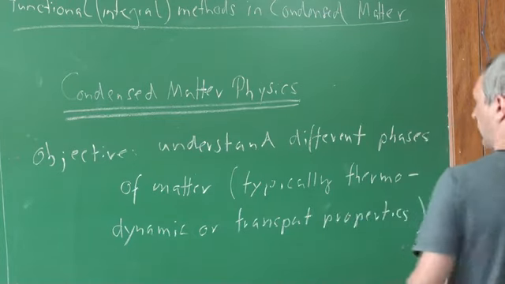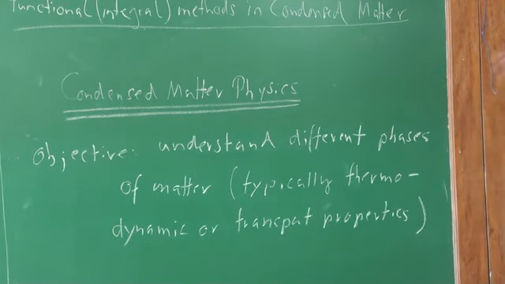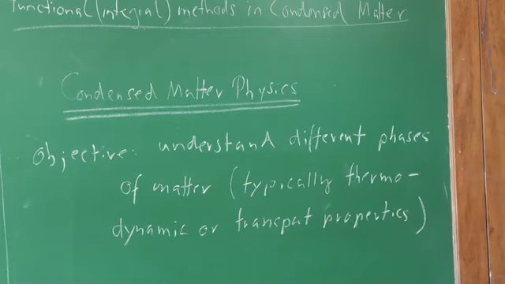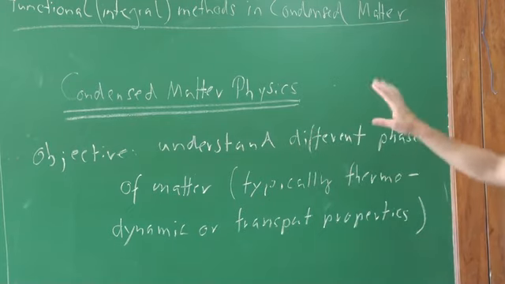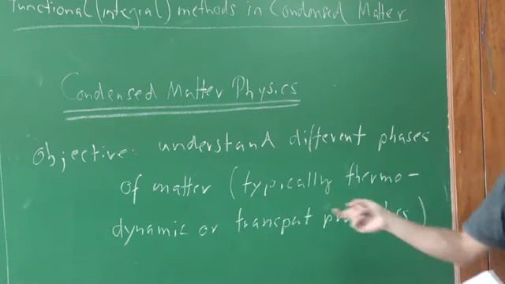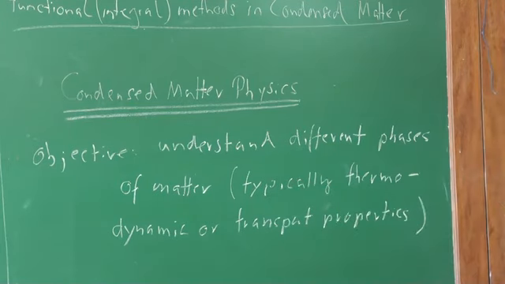So one typical example would be that some experimental colleague makes some thermodynamic or transport measurement on some material, and we want to understand this. So then the theorist tries to model what he finds. Or the other way around, the theorist has some idea, makes some predictions, and says, well, if you go to the laboratory and make some kind of measurement, which will typically be a thermodynamic or transport measurement, then you should find this.